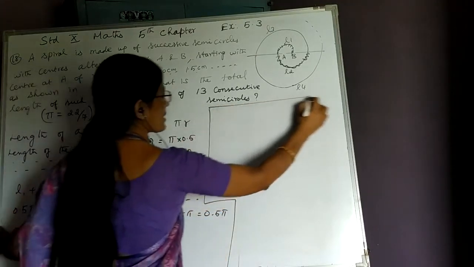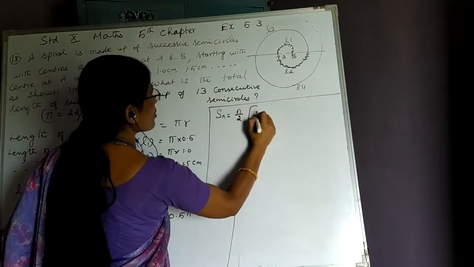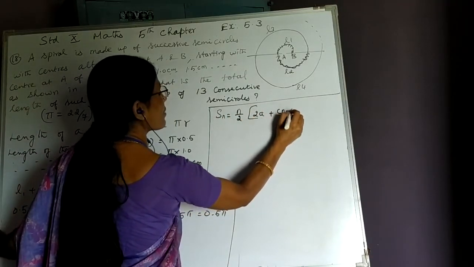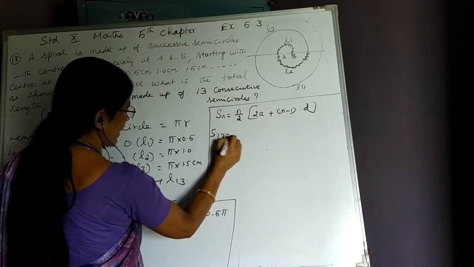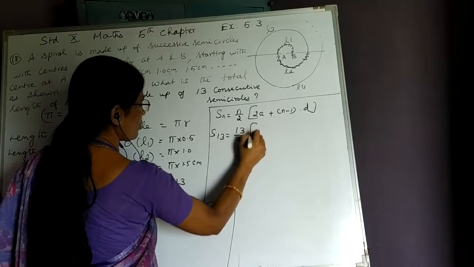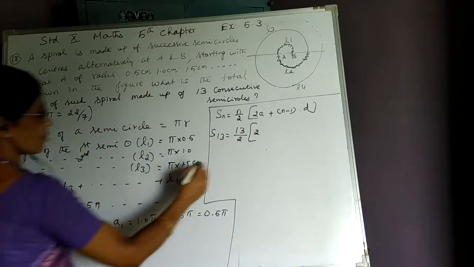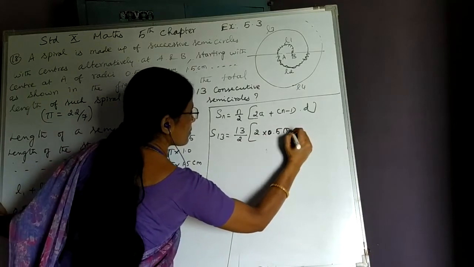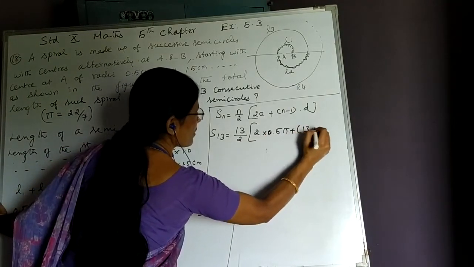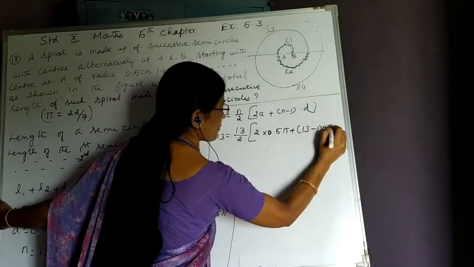So we use the Sn formula. Sn is n upon 2, 2a plus (n minus 1) into d. S13 we are finding. So it is 13 upon 2, 2a. A is 0.5 pi, plus n is 13 minus 1, d also 0.5 pi.